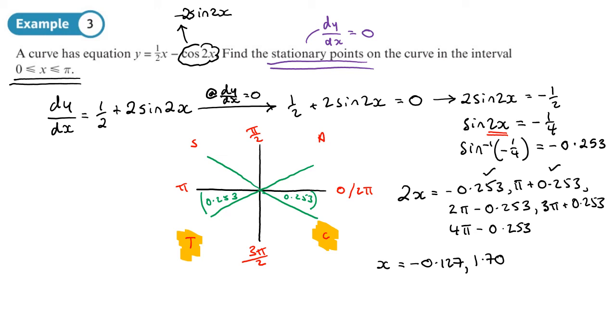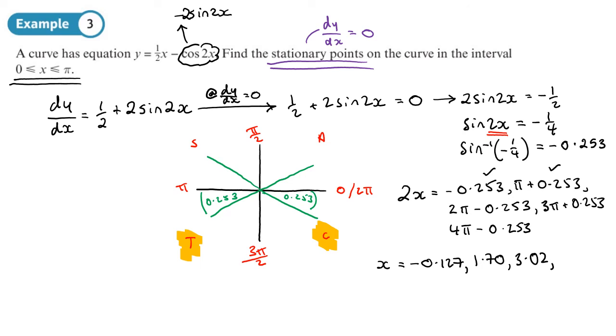Next one is going to be 2 pi minus 0.253. We'll divide that by 2. We're still underneath pi, 3.02. The next one is 3 pi, and we want to add on 0.253.